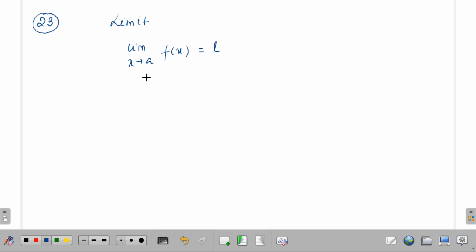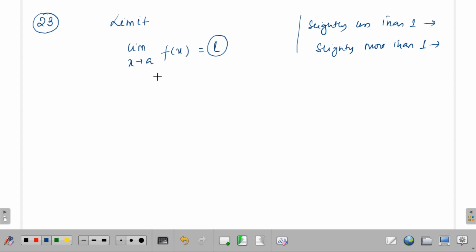And what I mean by two parts is, if you can just see, we did slightly less than 1 and we did slightly more than 1 in the beginning. So when we did slightly less than 1 and slightly more than 1, both the answers tend to be in a similar manner, which is nothing more than, I would say, over here your L. So same thing, this limit has to be divided into two parts.